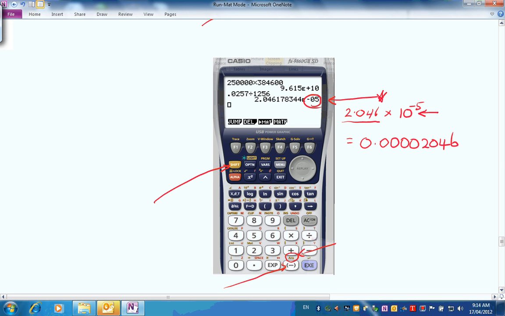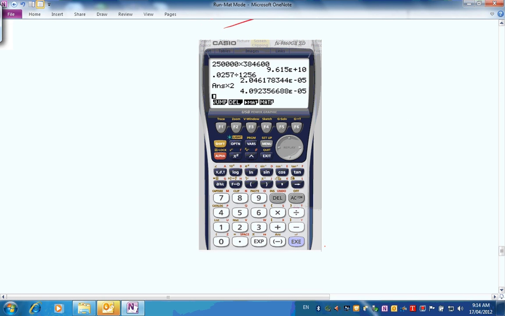And then if you multiply by 2 and then hit execute, you can see the calculator has taken the previous answer and doubled it, multiplied by 2, and here is your final result. So that's not a bad little trick to do if you forget to do a multiplication and you don't want to re-enter data again.